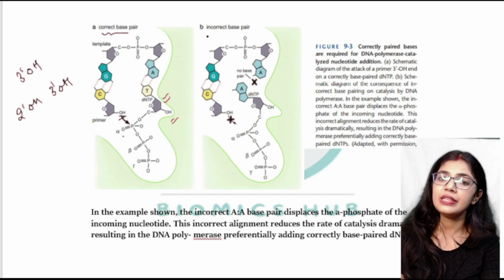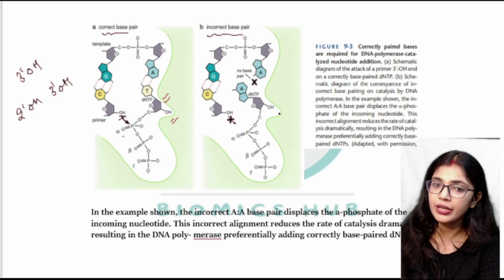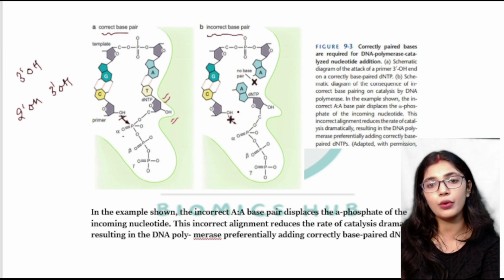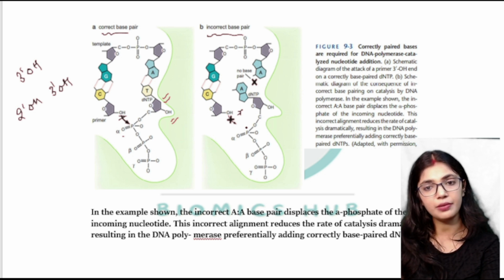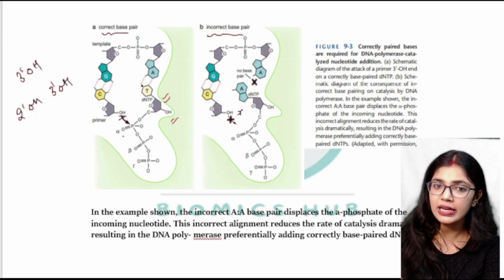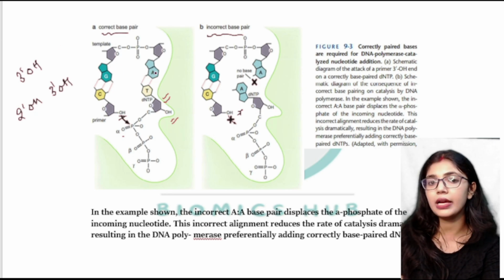But if there is an incorrect base pair, it cannot fit into this pocket, and the alpha phosphate of the upcoming nucleotide will not be near this OH group. So there cannot be any attack or any phosphodiester bond. Like we can see here that adenine is base pairing with thymine, so it is a correct base pair.